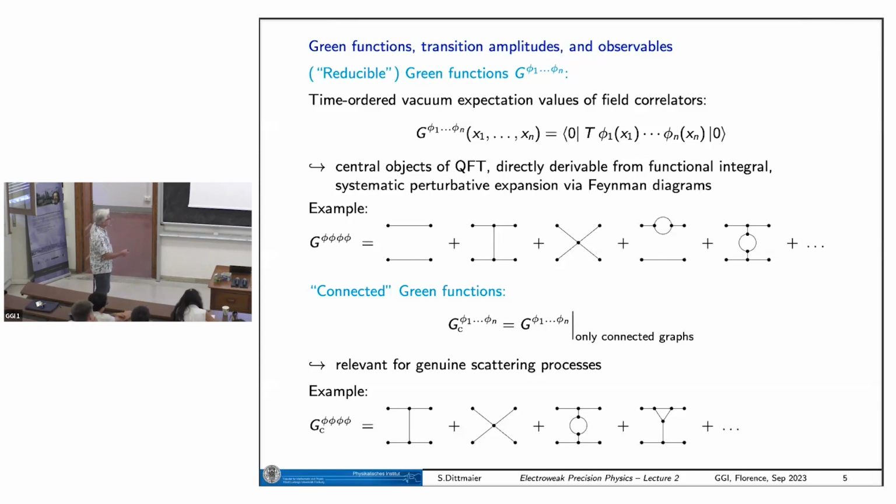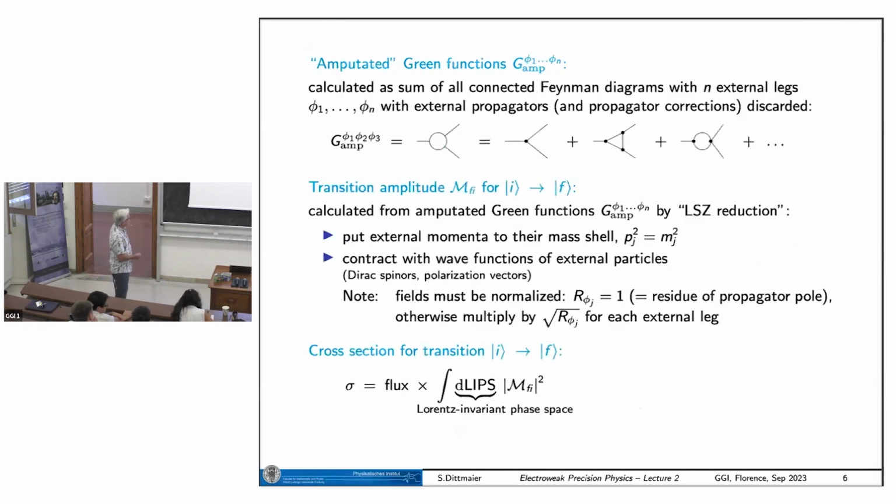It brings us from these connected green functions to transition amplitudes, S matrix elements. This is almost the same. The step in between, which I skipped in a way in my terminology, are so-called amputated green functions, which I described already in words. What I did here, I just stripped away the external propagators. It's just an operation between green functions.